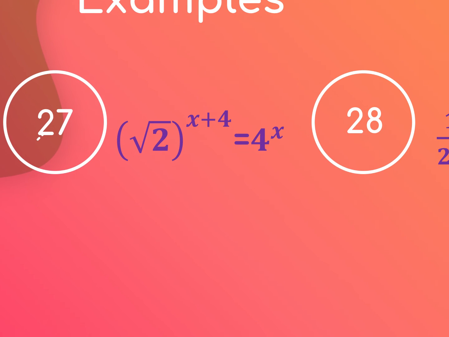I'm going to make them both have a base of 2. I'm going to change the square root of 2 and make it 2 to the 1/2 power. And it still has the power up here, the x plus 4. I'm also going to change 4 and make it 2 squared.